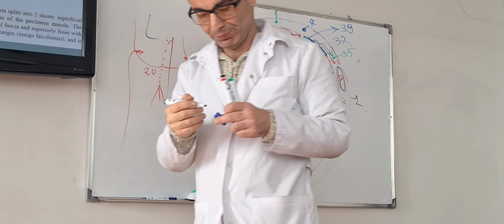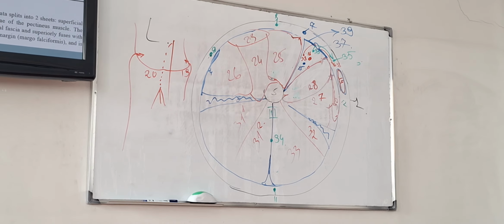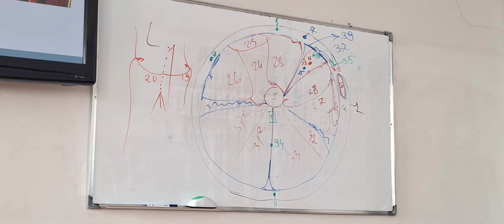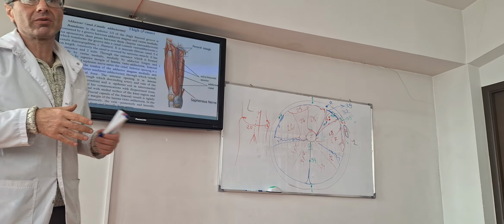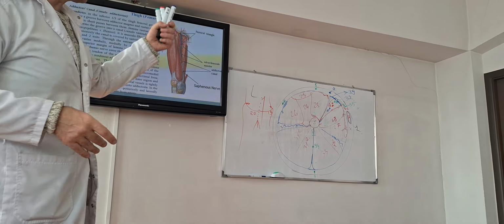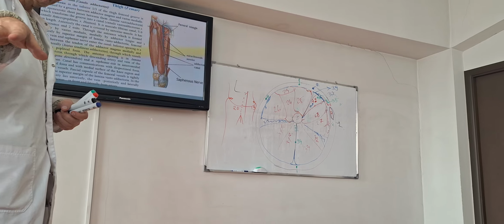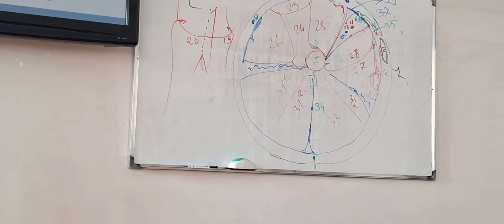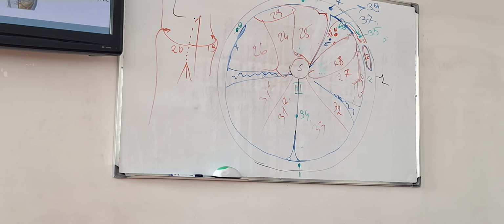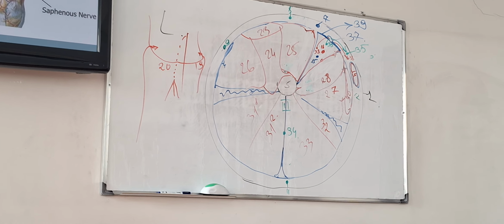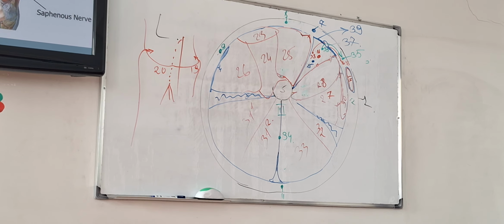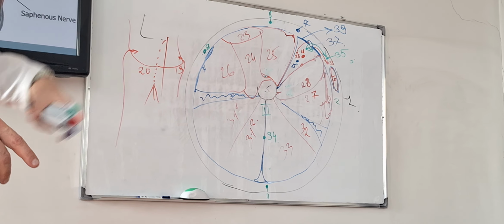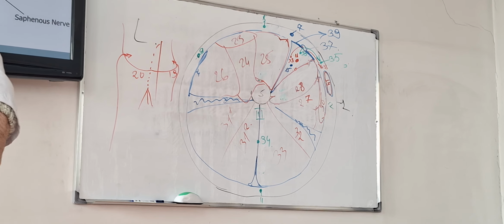Let's start again from the fatty tissue. Draw the 7 a little bit shifted to the medial side. Again the 8, again the 9, again the 11. Instead of the previously drawn 34, or I don't know which one, draw 35, saphenous.